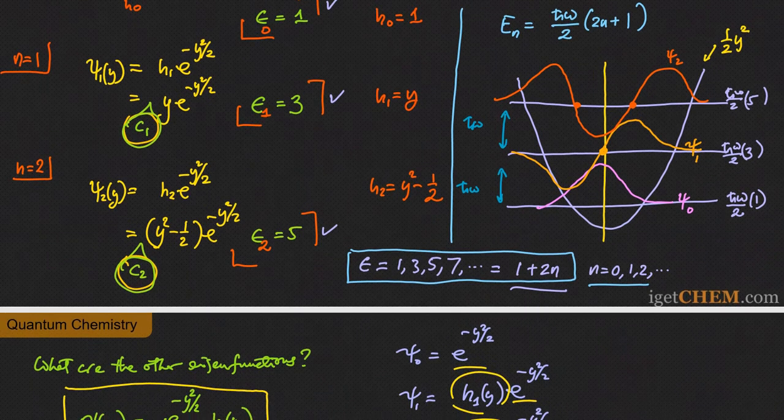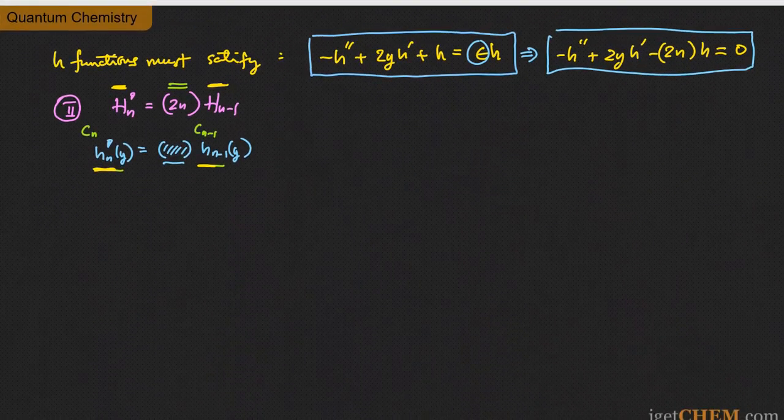So we have two of these, right? Here we have, let's say, h1 is equal to y, and h2 is equal to y squared minus 1/2. So in this case, n is equal to 2.